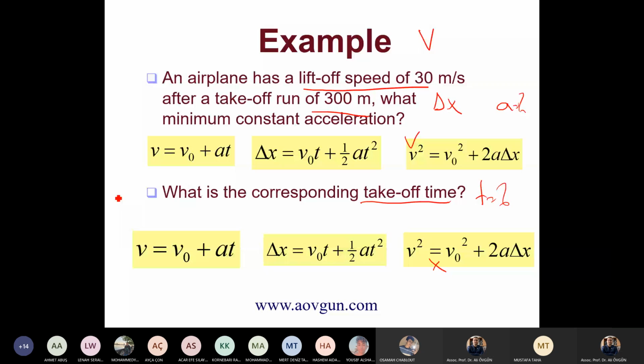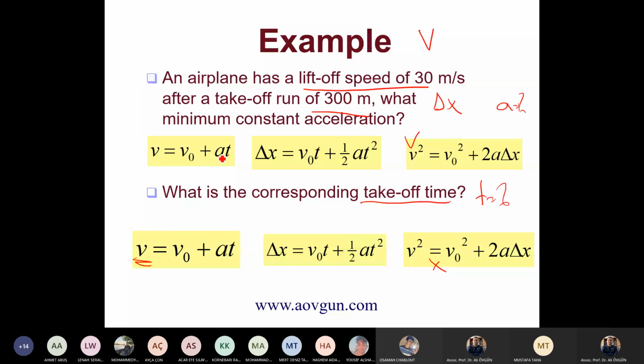We take V0 as 0. So you can use the first one easily because you know V. But if you didn't find the acceleration, you cannot find T. It is impossible.